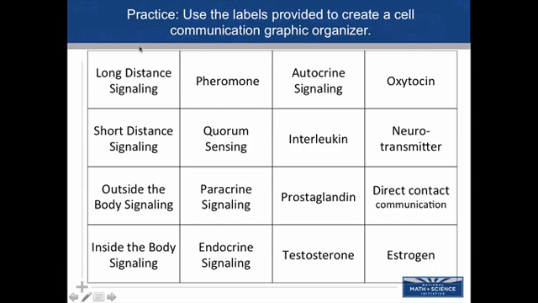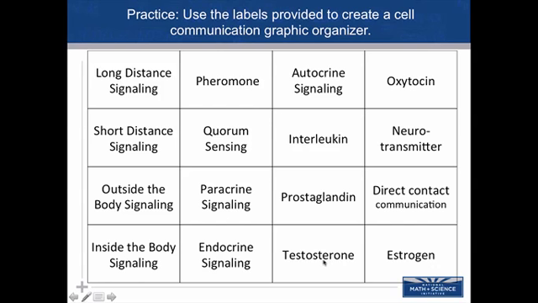So to practice what we've done till now, you should have a set of cards made from this information. And I'd like for you to group the cards into long distance, short distance, inside the body, and outside the body signaling. Make a graphic organizer that shows the relatedness of these terms that we've used so far.